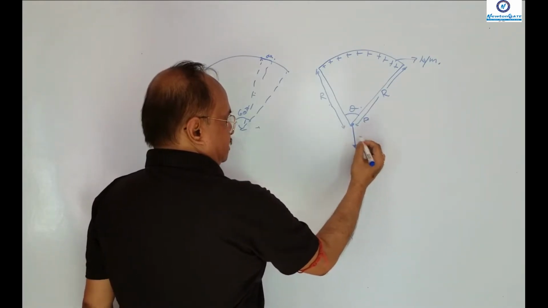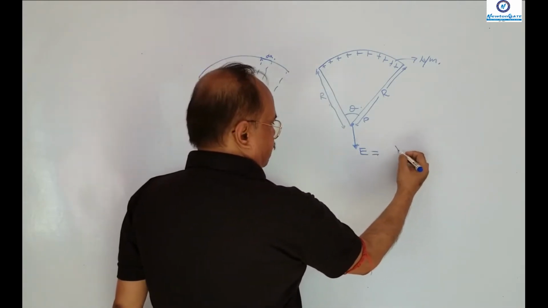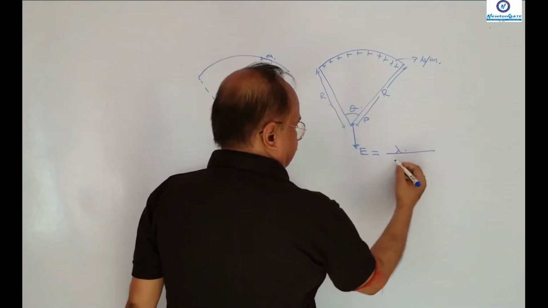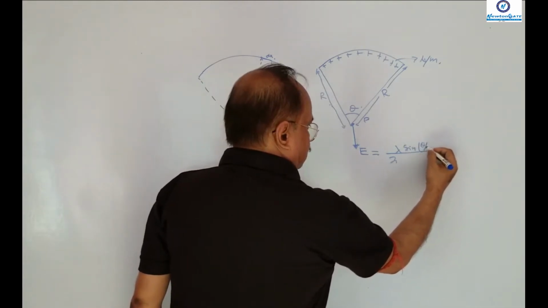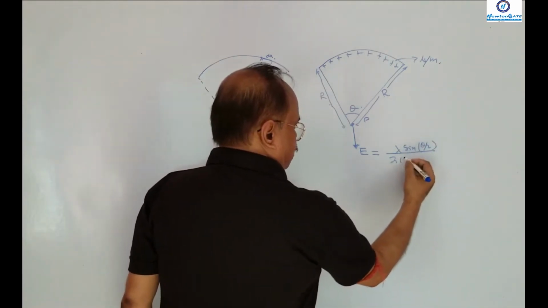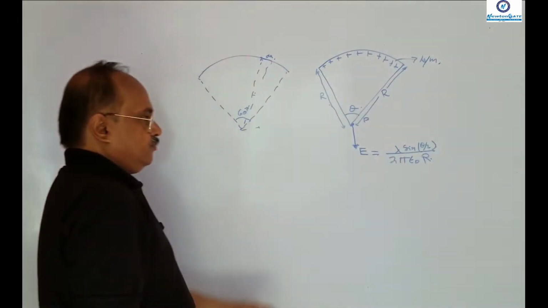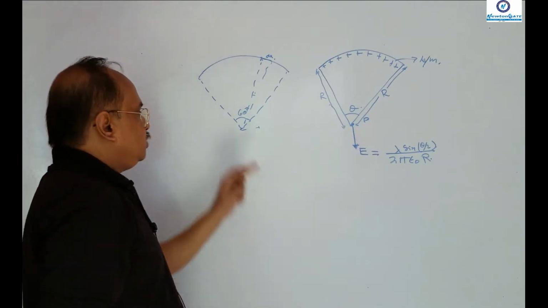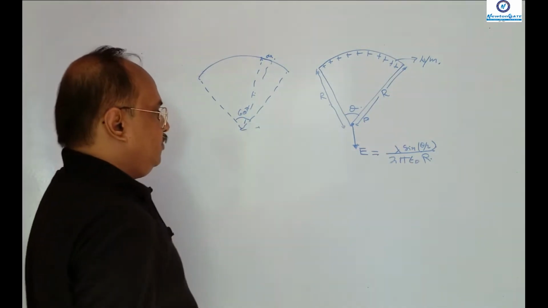This electric field value will be equal to lambda by 2 pi epsilon naught r into sine theta by 2. That's all, this is the value. So in this case it is 60 degrees, so just apply this formula and we will get it.